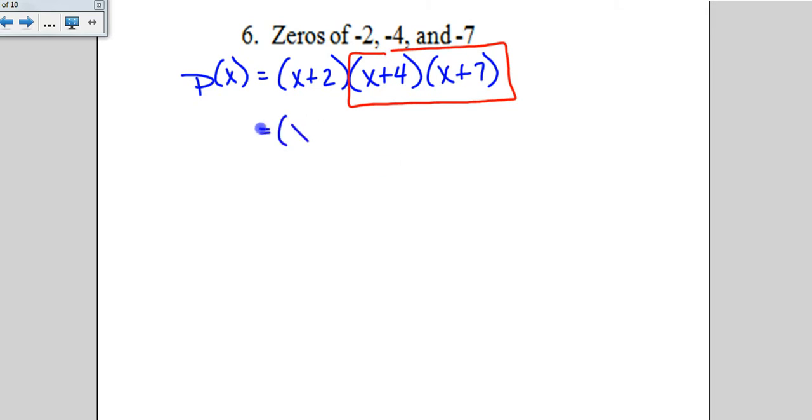And you're going to get, x plus 2 hasn't changed, but we still have x squared plus 11x plus 28.